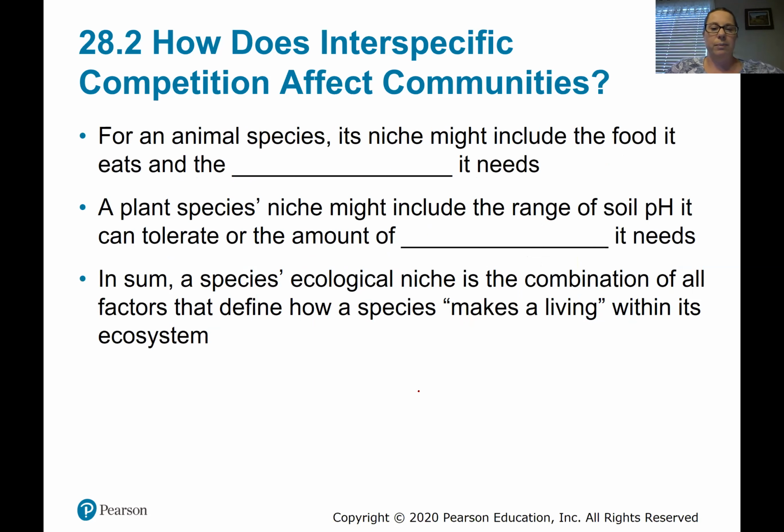So for animal species, a niche might include the food and the shelter that it needs. And for plants, it might be soil pH, the amount of sunlight, water, all those types of things. Basically, the ecological niche is combining all the factors that determine how that species is going to survive in that ecosystem.